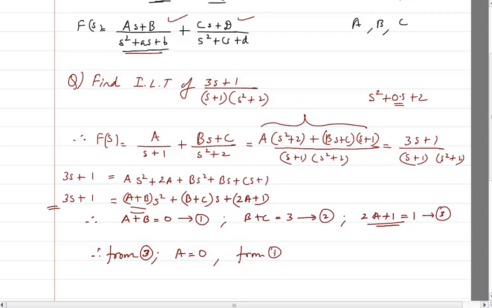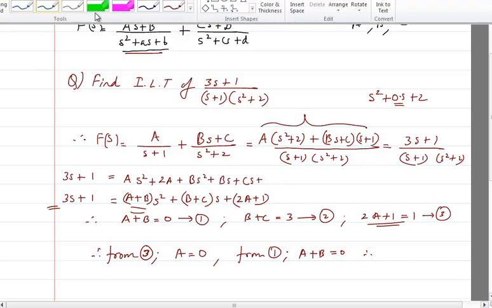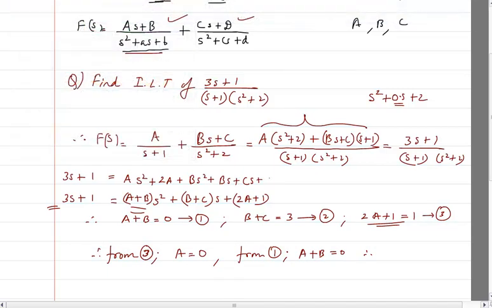From the first equation, since a + b is equal to 0 and a is already 0, I will get... sorry, I made a mistake here. This should have been c. In that case this will be c, and in that case this will also be c.